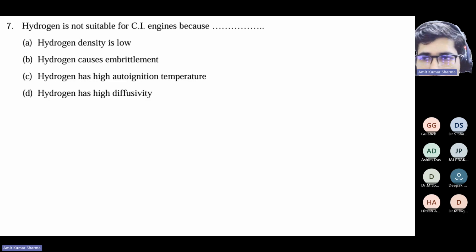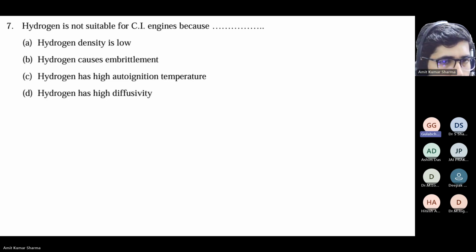I want everyone to participate in this discussion. So we have two responses. Anybody else? If you want to add any point regarding the SI engine and CI engine. Gulab Chand. The points which have been said completely match the requirements.